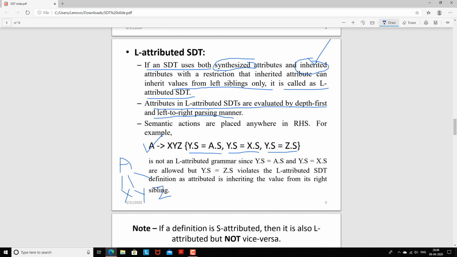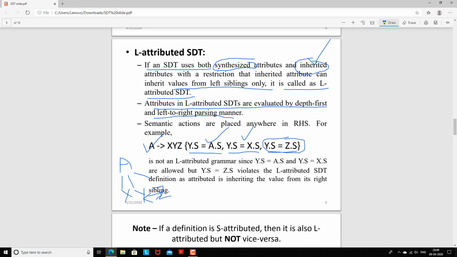And in this action, the value of Y is calculated with the help of its sibling X. So this is also part of inherited attribute. And the next one is the value of Y depends on the value of Z, and Y and Z are also siblings. But here in this action there is a problem.